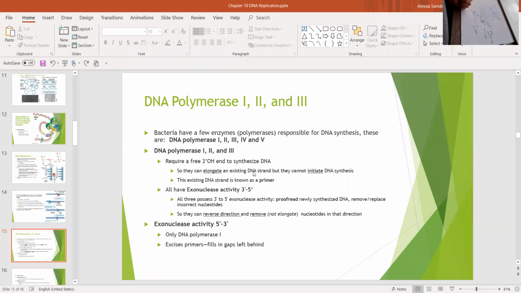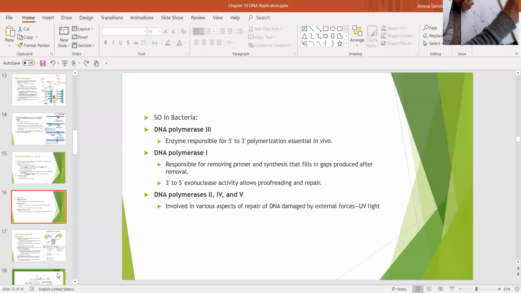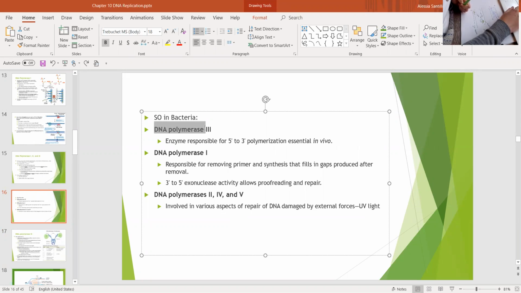But right now, we're just underlying the specifics of the DNA polymerases. So in bacteria, DNA polymerase 3 is an enzyme responsible for 5' to 3' polymerization. It's very essential. Polymerase 1 is important for DNA replication, but more for the fact that it removes the primer and then it fills in that gap where the primer used to be.